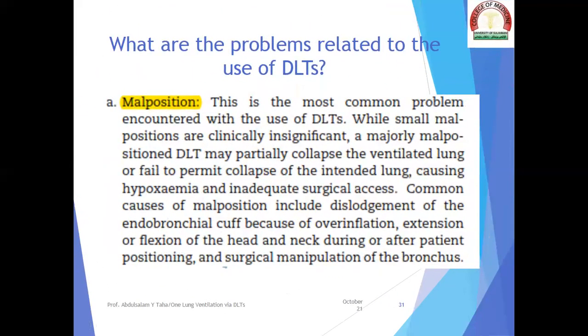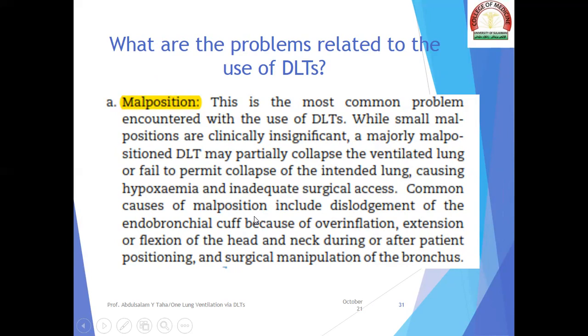Now, what are the problems related to the use of double lumen tubes? Number one, malposition. This is the most common problem encountered with the use of double lumen tubes. While small malpositions are clinically insignificant, a majorly malpositioned double lumen tube may partially collapse the ventilated lung or fail to permit collapse of the intended lung, causing hypoxemia and inadequate surgical access.